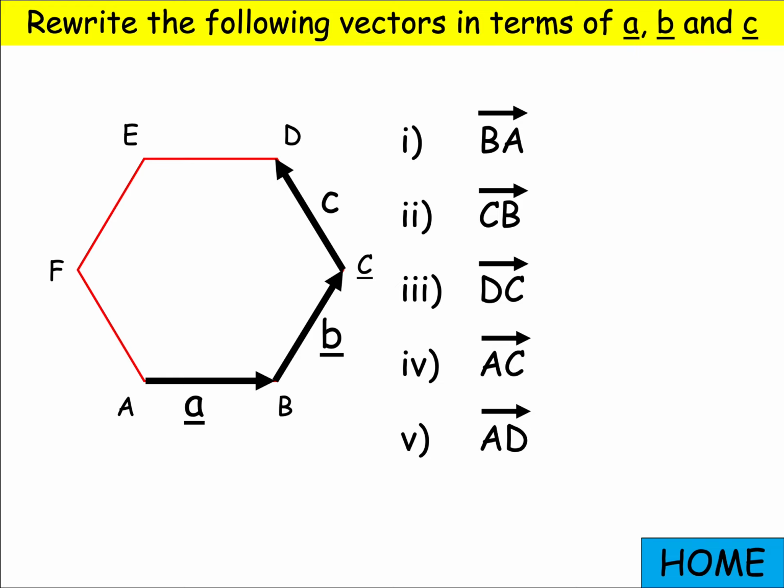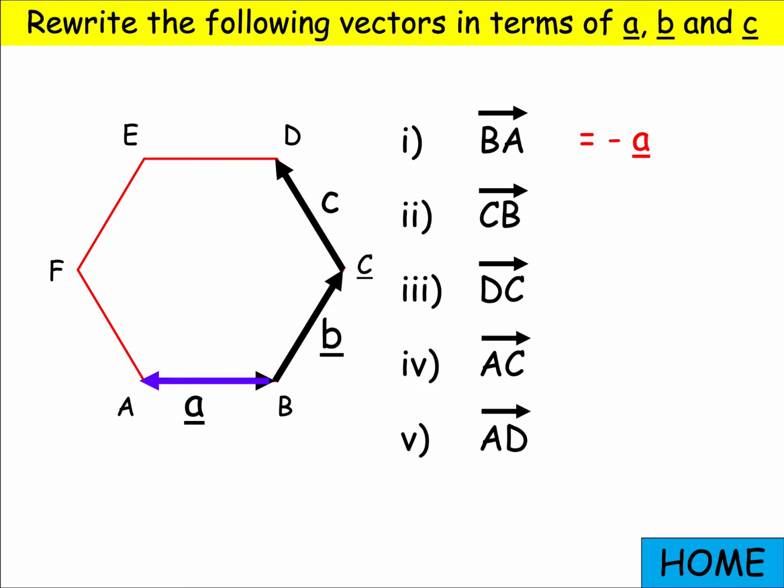So to get from A to B, we go along little vector a. So BA, we're going in the opposite direction. So BA is equal to minus little a.